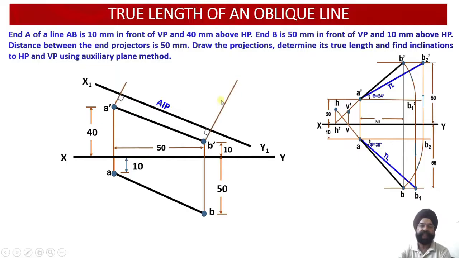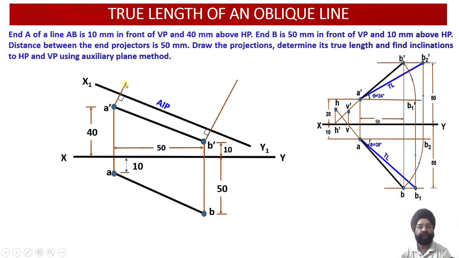So here you see, I am going to draw these two projector lines, and as we already know, projector lines must be perpendicular to the plane of the projection. So the first projector line and the second projector line, which are drawn through A dash and B dash points, will be perpendicular to the X1 Y1 auxiliary inclined plane.